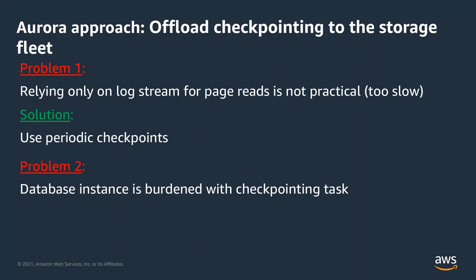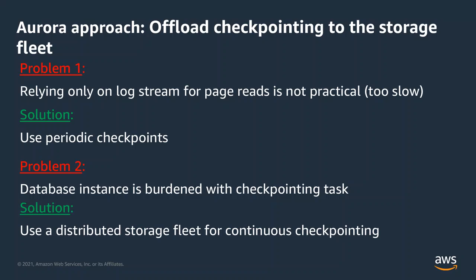Because the database instance is burdened with the checkpointing task. It has to flush the pages. It has to deal with the torn writes and so forth. So what we did in Aurora is offload that heavy task to a distributed storage fleet. Essentially the logs are written to the distributed storage, and the distributed storage does the checkpointing on behalf of the database instance.